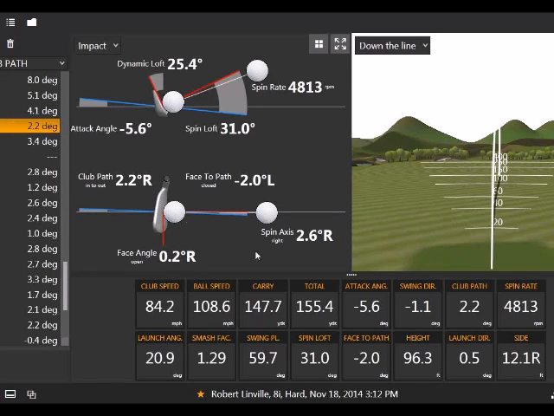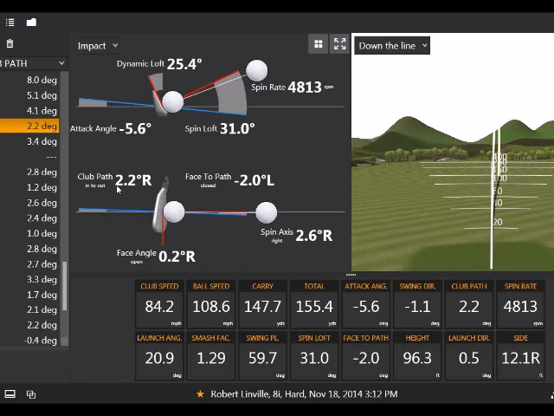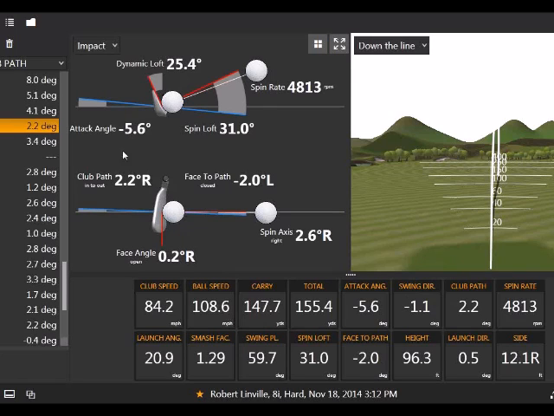We have two numbers up here that relate to the direction of the club. One is swing direction, and the other is club path. Swing direction is the measurement of the club at its lowest point. We can see an angle of attack here, in this case negative 5.6 degrees.